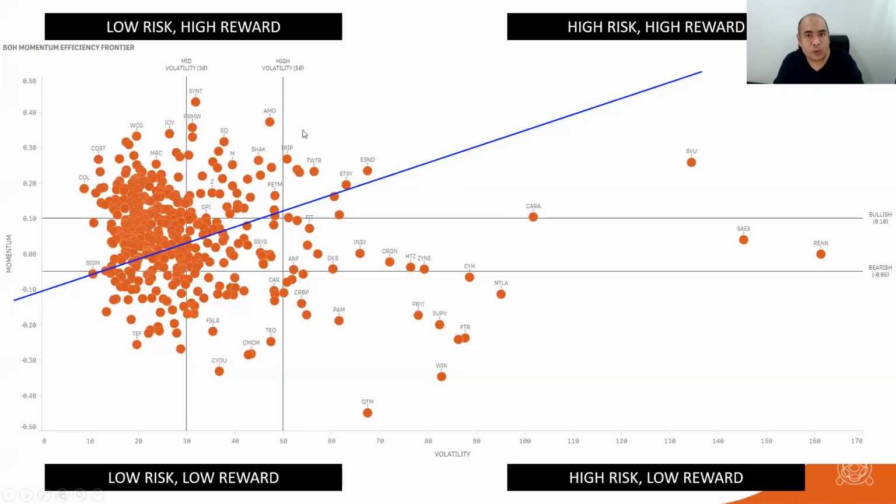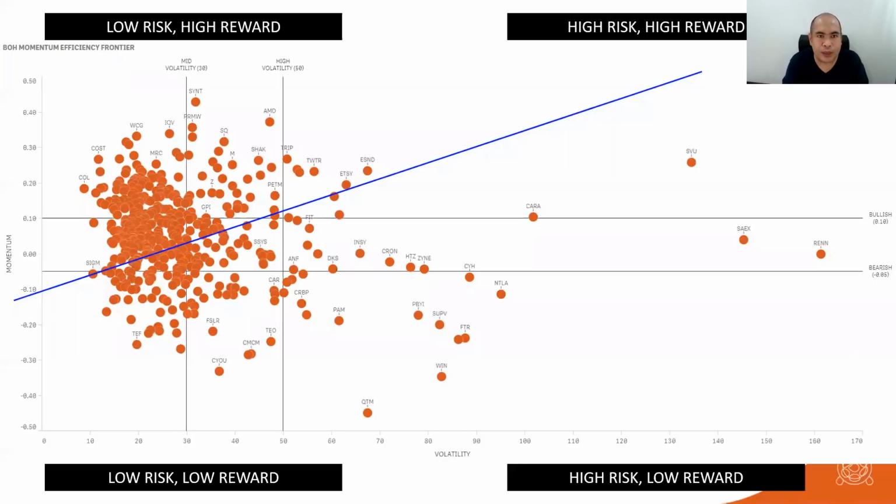AMD, one of the outperformers this year, has the same profile as PRMW, but slightly more volatile. So it really depends on what you're trying to capture. Are you trying to capture more momentum? Are you trying to capture more volatility? But the point here is you'll be provided with this type of options by looking at this type of model, as opposed to just looking at a simple table on momentum.